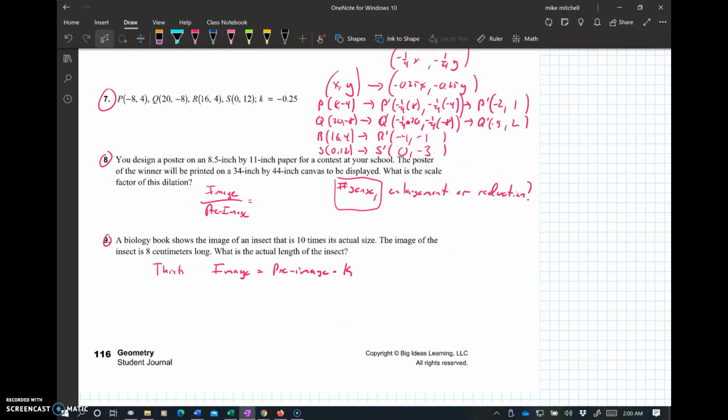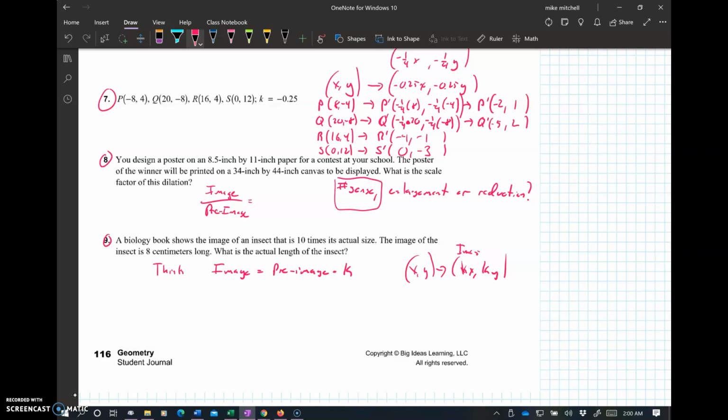Number 9. This one, you're just going to think your image size is equal to the pre-image times K. That's just that (x, y) into (kx, ky) that we were using. This is the image here, so your image is equal to K times X. Just plug in your numbers.